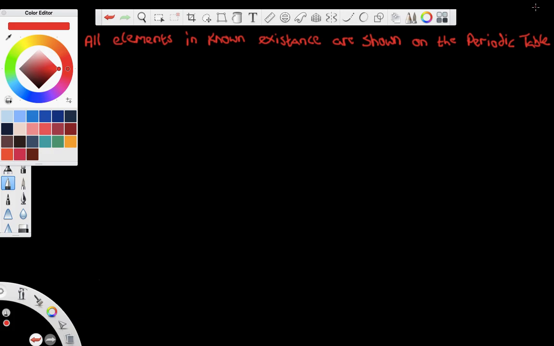Now, we can use the periodic table to make predictions about the properties of an element.